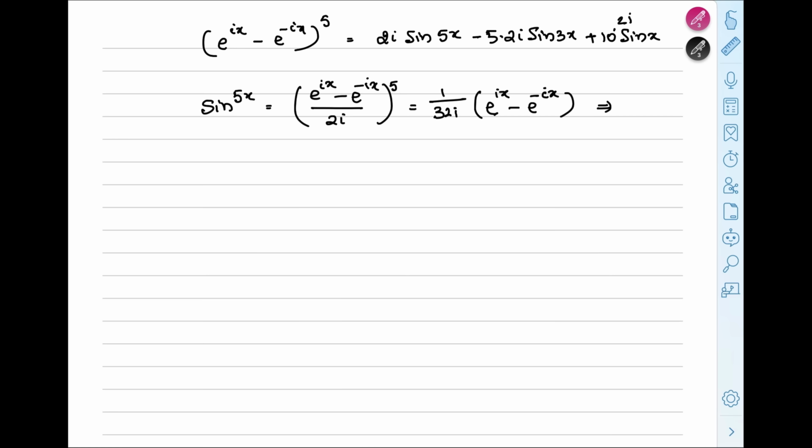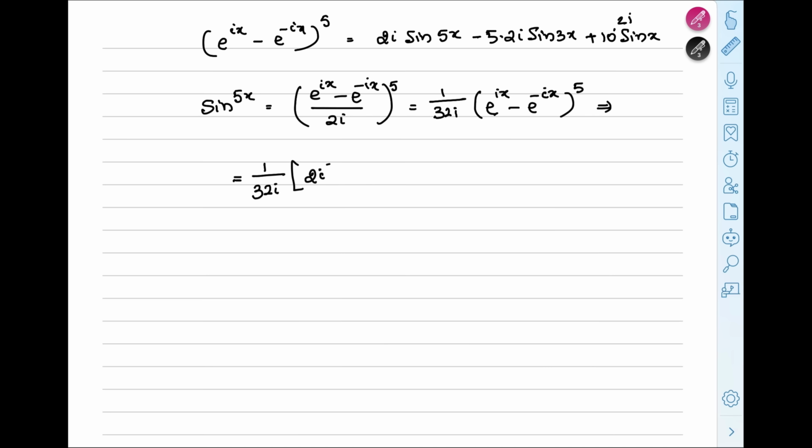That implies that is equal to 1 by 32i into 2i.